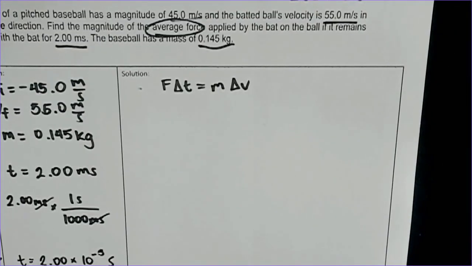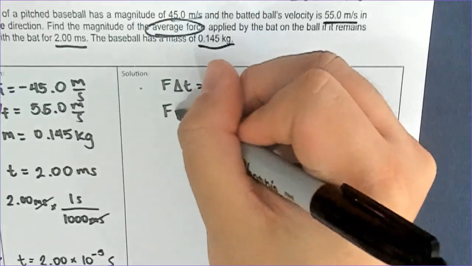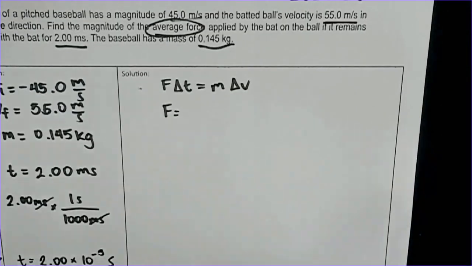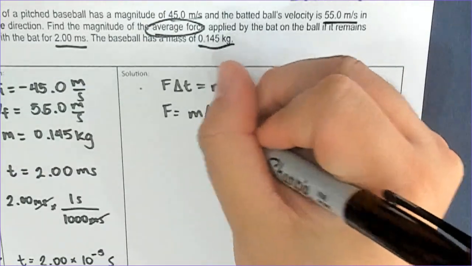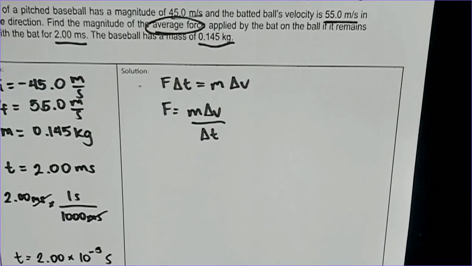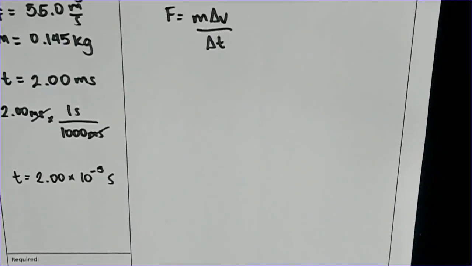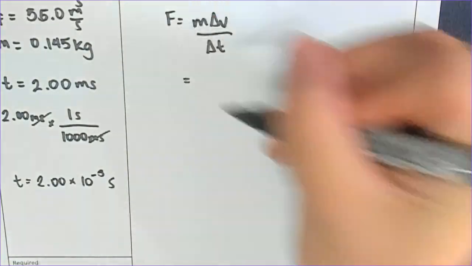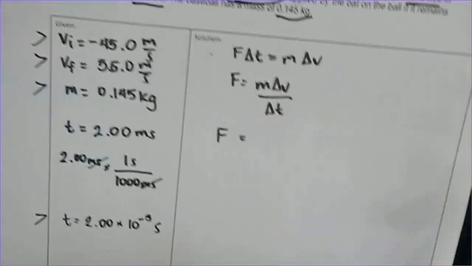We can rearrange this to isolate force on one side, so force is equal to m delta v over delta t. That is the equation, and once we have that, we can simply plug in the values.